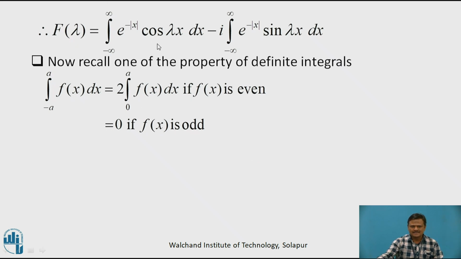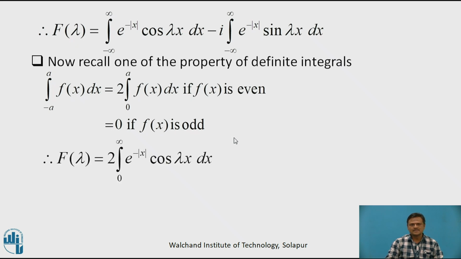In the first integral the integrand is an even function, whereas in the second integral the integrand is an odd function. Applying this property, we get f of lambda is equal to 2 times the integral from 0 to infinity of e to the power minus mod x into cos lambda x dx, and the value of the second integral will be 0 as per this property, because the integrand is odd there.